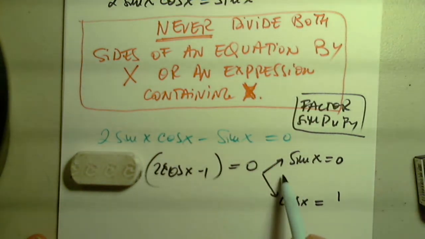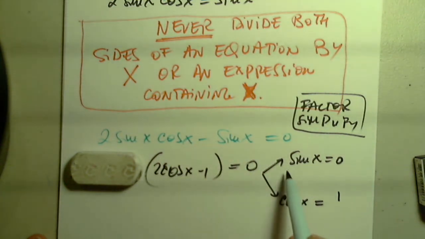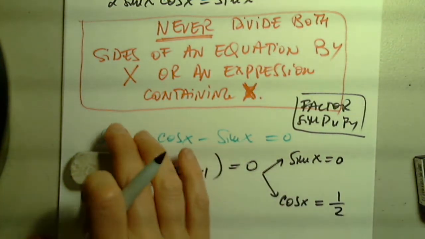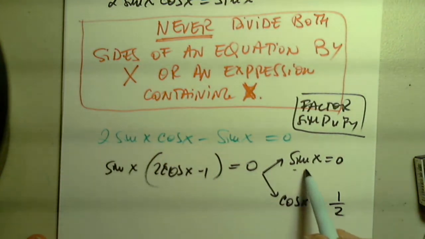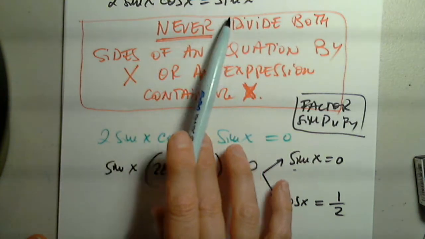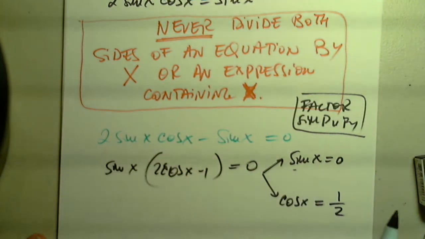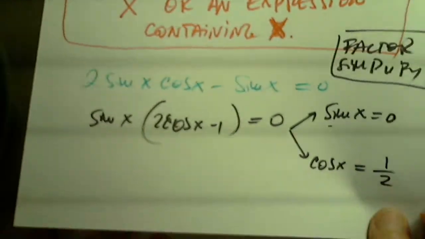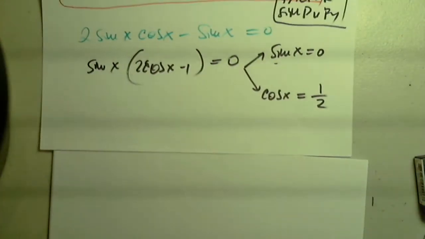We move the -1, and we divide by 2. Very good. Awesome. Now you understand why we can never divide both sides by sine x or x. Good. So now let's talk about the unit circle so we can solve those.